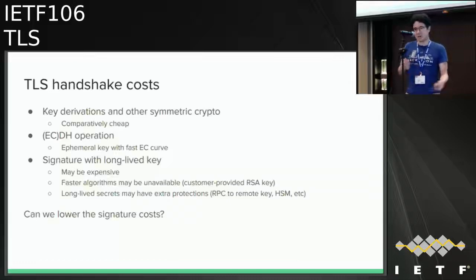For instance, if you're a hosting provider, the customer maybe provided you an RSA key, so you don't get to use any nicer elliptic curve algorithm. Also, it's a long-lived secret, so you may apply various things to be less paranoid about it. Maybe you RPC to some remote thing, maybe you stick it in some hardware thing, and these things make it more expensive. And so, can we lower the signature costs?